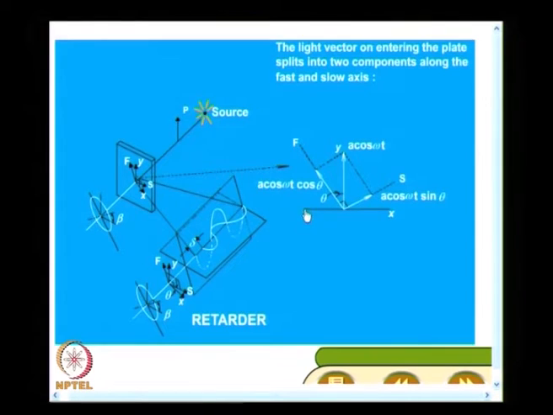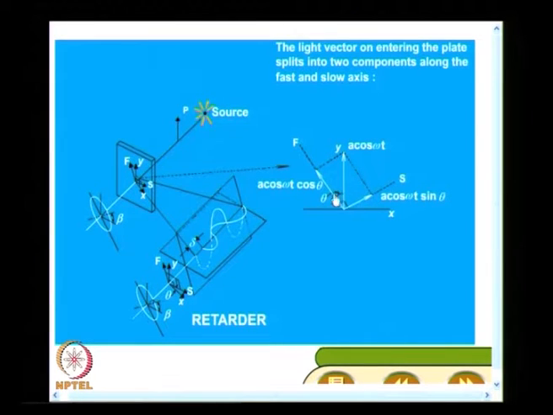So, what we are looking at now is what the retarder has done, its function. We have looked at impinging a plane polarized light, that is a very specific situation. In a generic scenario, you are going to have the light vector represented with respect to x and y axis, and the model as such has reference axis as slow and fast, which is oriented in general at an angle theta.